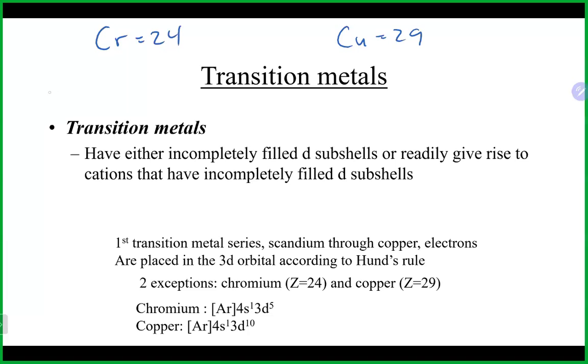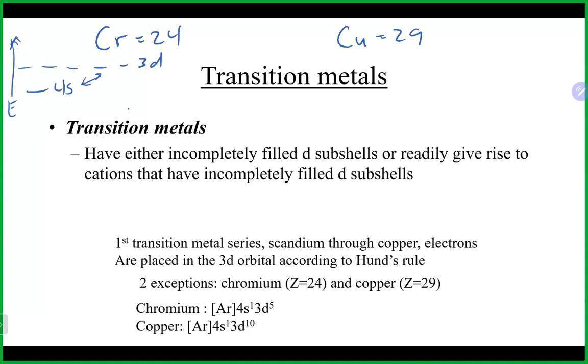Now, it happens around the 4s and 3d orbitals. Remember, in terms of energy, when the electrons are being filled, the 4s is lower in energy than 3d, but they're very close in energy. They're not too far away from each other in terms of energy difference between the s orbitals and the d orbitals.